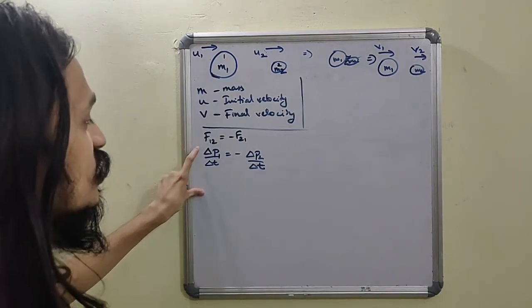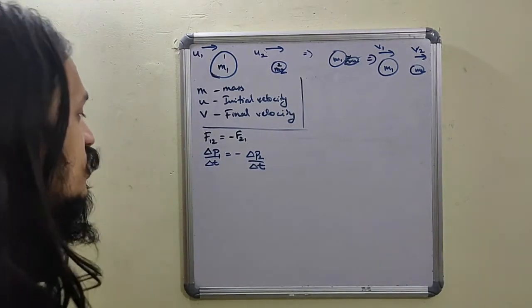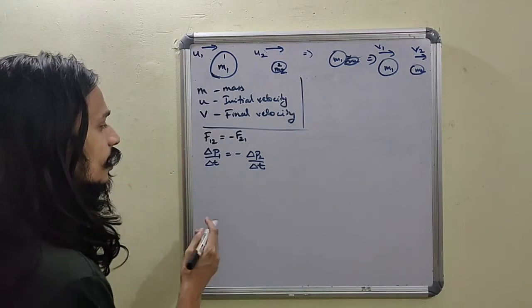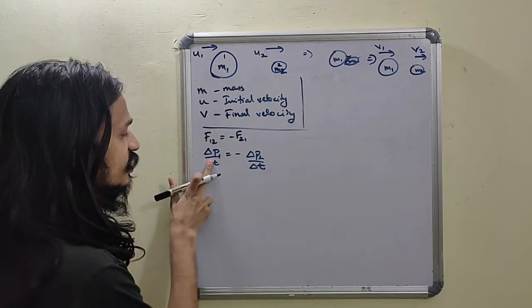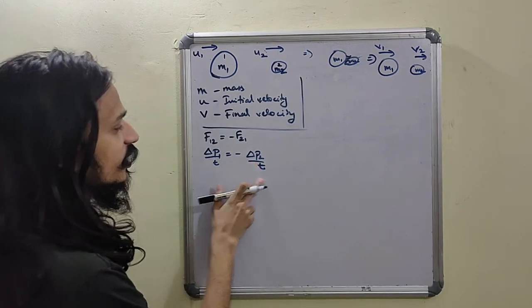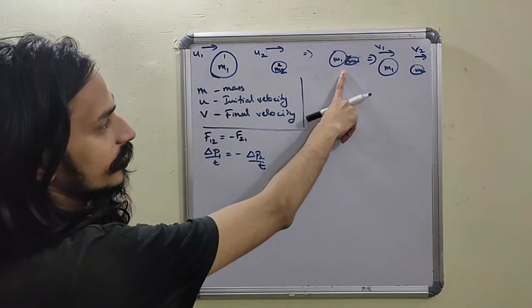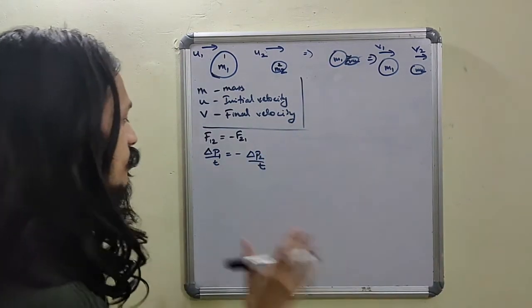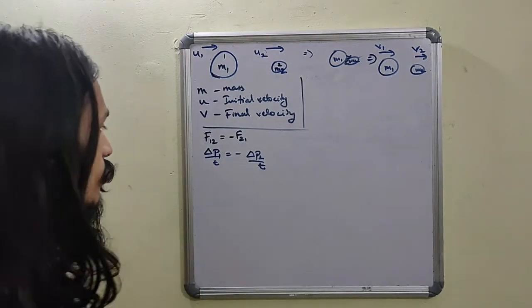If I want to see the change in momentum, how do I see it? Let's say that t is how much time they take when they crash, and that's a very small amount of time, so I just write it as t.